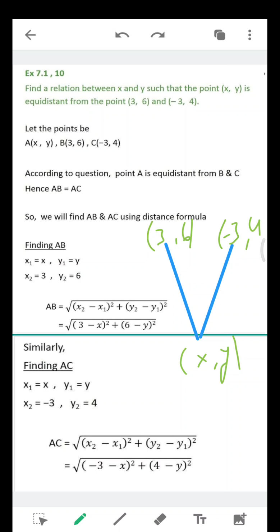Okay, so I named them as A. What did I name it as? I named it as A.